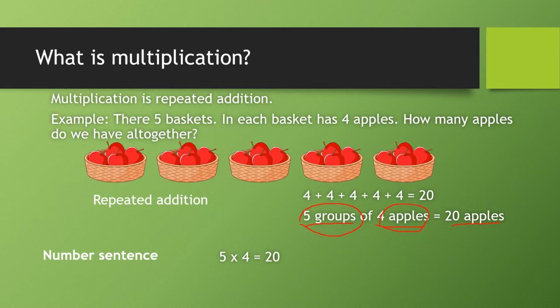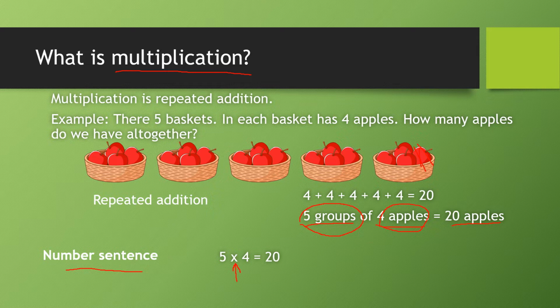So this is how you will write the multiplication number sentence. 5 times 4 apples. If it is the same number of things you have. So if this basket has 3 apples, we can't do this.